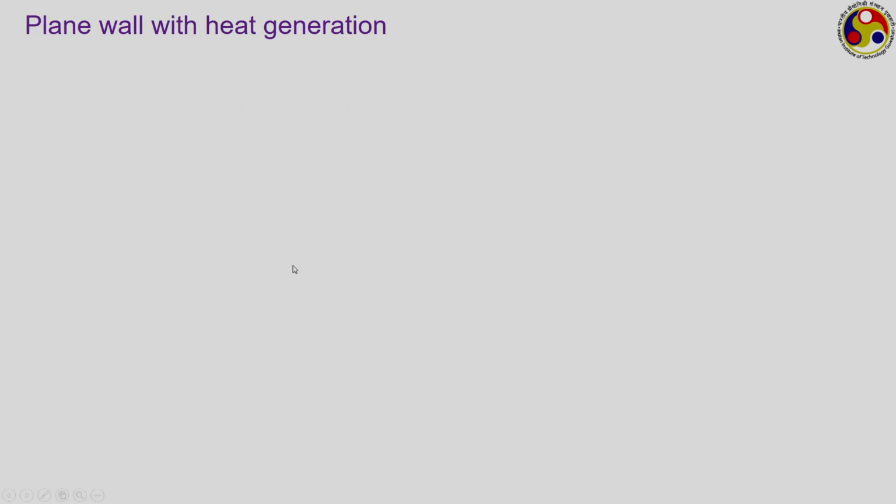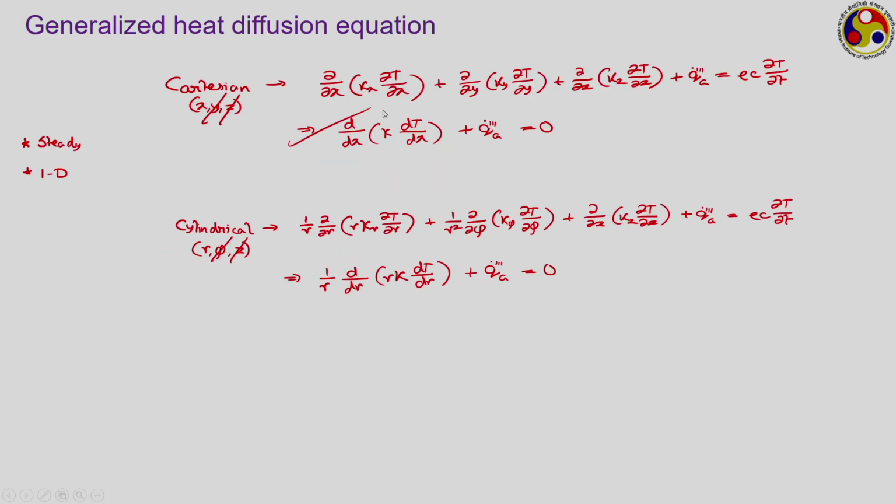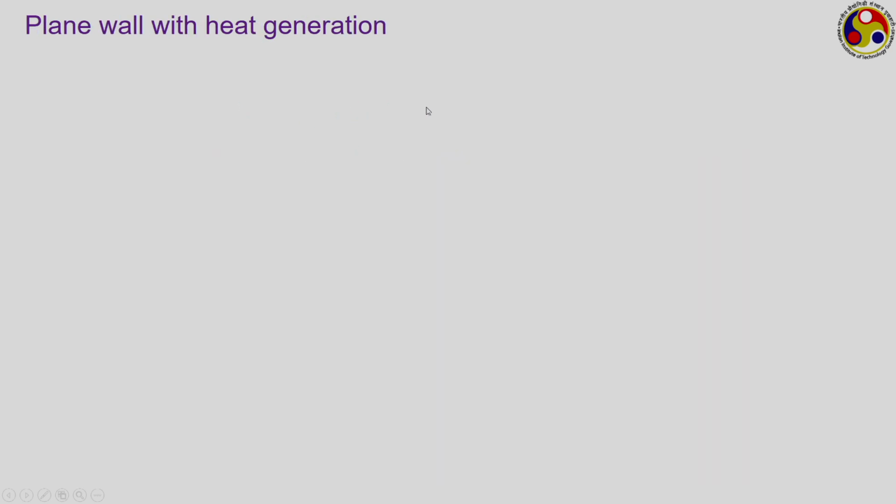So, first we are going to deal with a plane wall with energy generation. The equation that I wrote earlier, we can start exactly from here. Let me summarize the assumptions then. We are considering steady state one dimensional heat conduction in a plane wall, x is the only coordinate direction of importance. We are considering volumetric energy generation at a constant rate, and constant values of the properties, particularly the thermal conductivity.